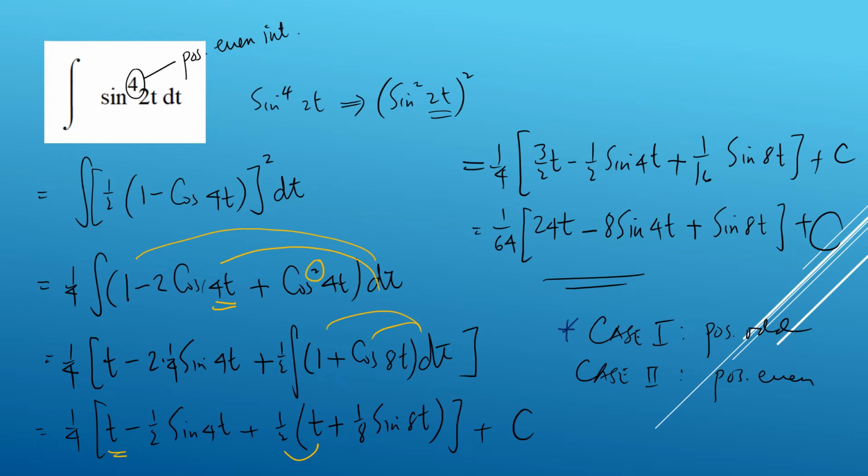For case 1, we shall factor sine or cosine and apply the identity sine squared plus cosine squared equal to 1. For case 2, powers of sine or cosine are even. We apply the identities sine squared and cosine squared equal to 1/2 the quantity of 1 plus or minus cosine of twice the angle 2u. Alright?